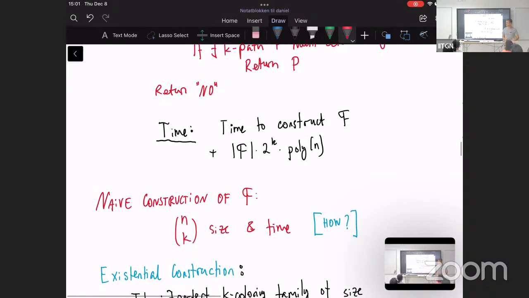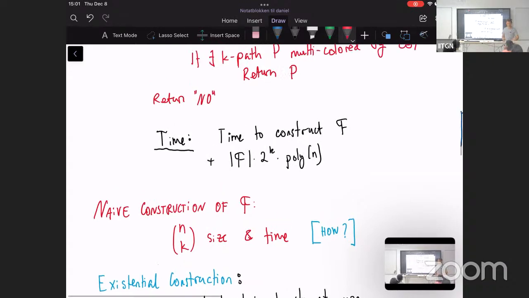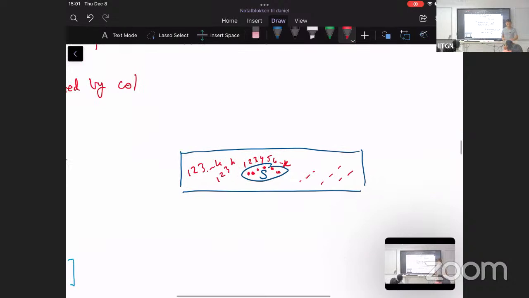We haven't said anything yet. We're going to have multiple constructions, but just an example. This one is just a single coloring. The example that I gave does not give you a family of colorings. I just gave the coloring for a set.